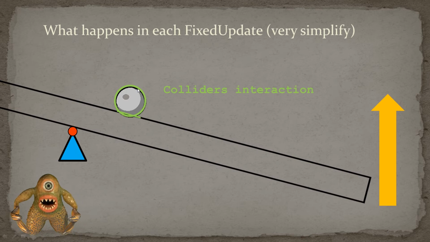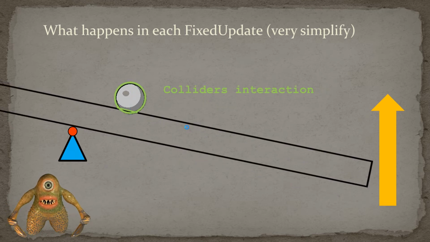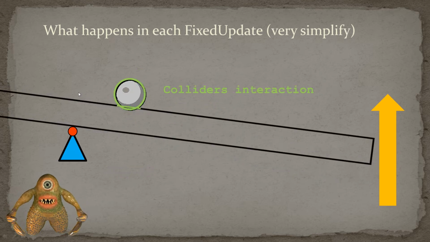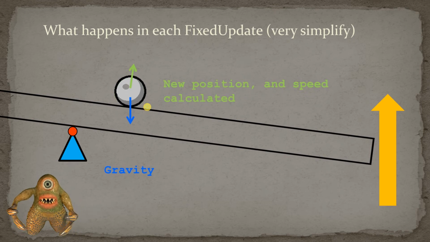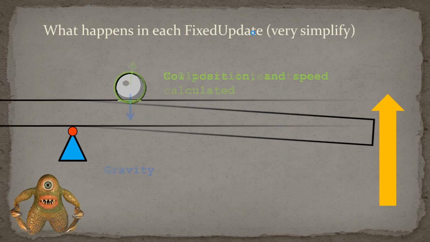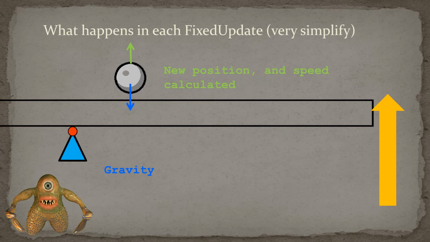The game engine determines something's happening here, so it adjusts the new position and the speed of the objects involved in the scene. So you are applying a force to the table, and this is all calculated in every physics update function. And this works very well on most occasions.